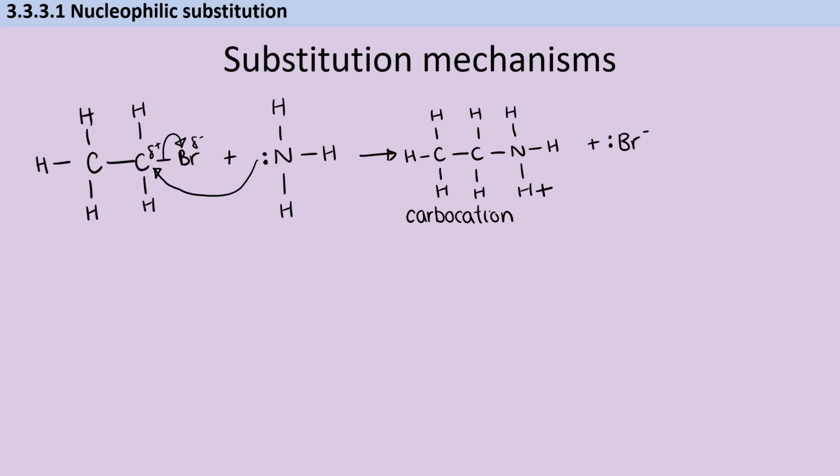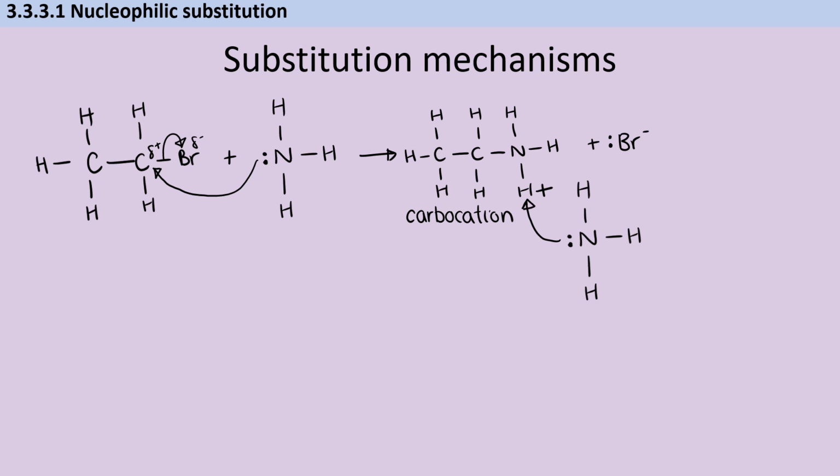And you'll notice that this isn't a delta positive because we're not talking about just a tiny, tiny amount of charge. It is a full-blown charge. So that positive charge on one of the hydrogens bonded to that nitrogen is going to attract another lone pair from another nucleophile. So we actually need two molecules of ammonia for this process. So again, that lone pair is going to be attracted to something that is positively charged.